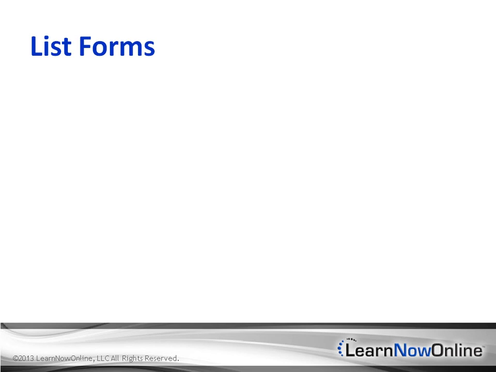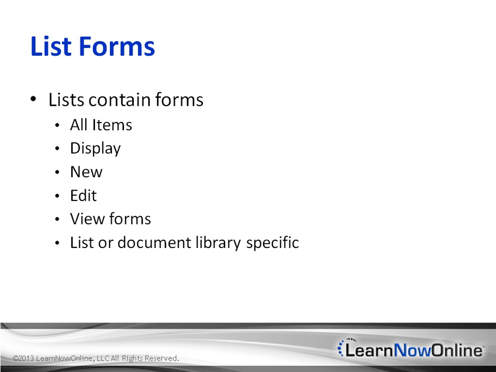And lists also contain forms for working with list items. And the different forms are the all items form, the display form when you look at an individual item, and then the new form, so when you go to add a new item to a list, this is the form that shows up.